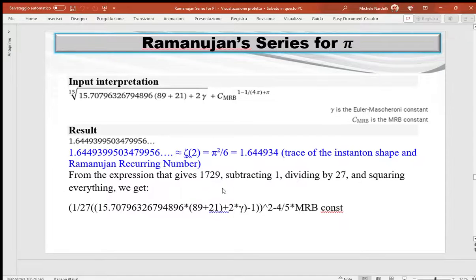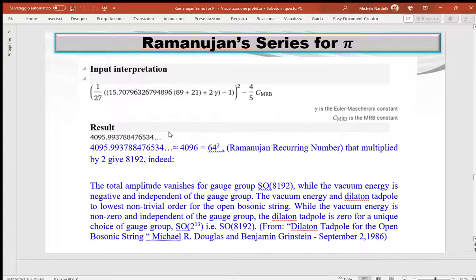Furthermore, from this further calculation, practically from the previous expression, subtracting the unity, multiplying by 1 over 27, and all the expression raised to the second power, and subtracting 4 over 5 arbitrary constant, we obtain this result that is a good approximation to 4096, that is a Ramanujan recurring number that multiplied by 2 gives 8192.